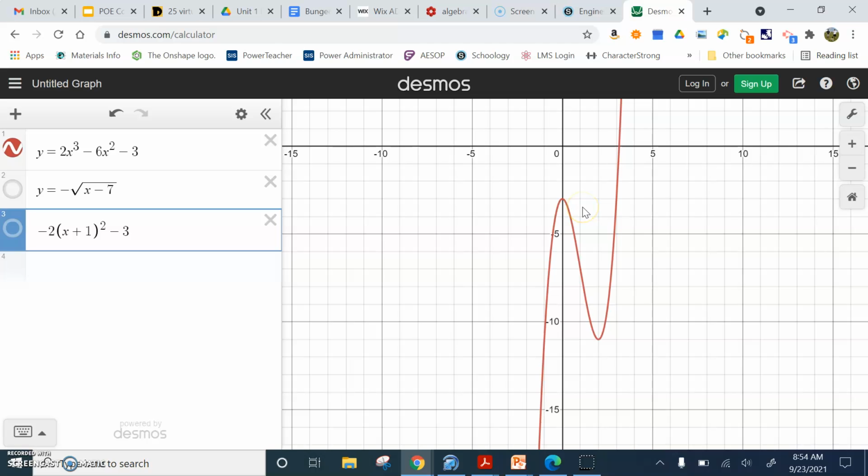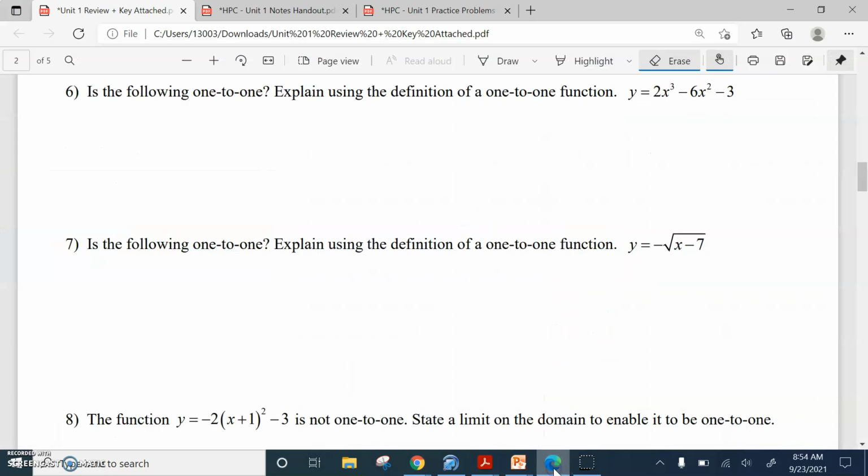As you can see in this case, with this little zigzag up and down and up, we are crossing through that line several times at several points in the graph. So for that reason alone, we can actually say no, not one-to-one.